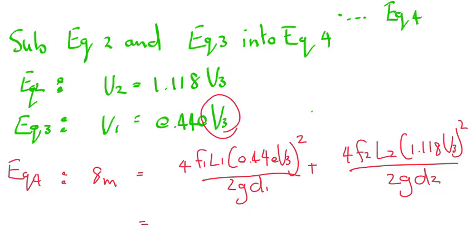So it's going to be 4 times F1, 0.09009, times L, which for the first pipe is 2,500 meters, times, in brackets, that 0.440 times V3, squared, close the bracket, and that will be times V3 squared.